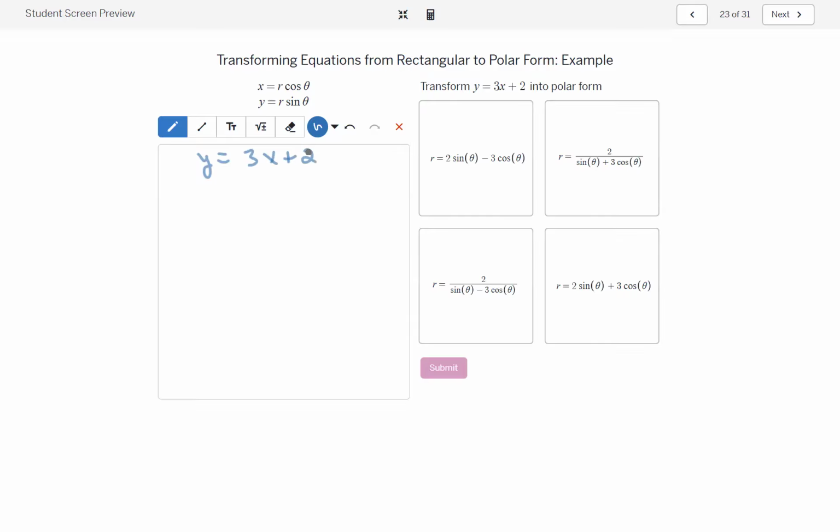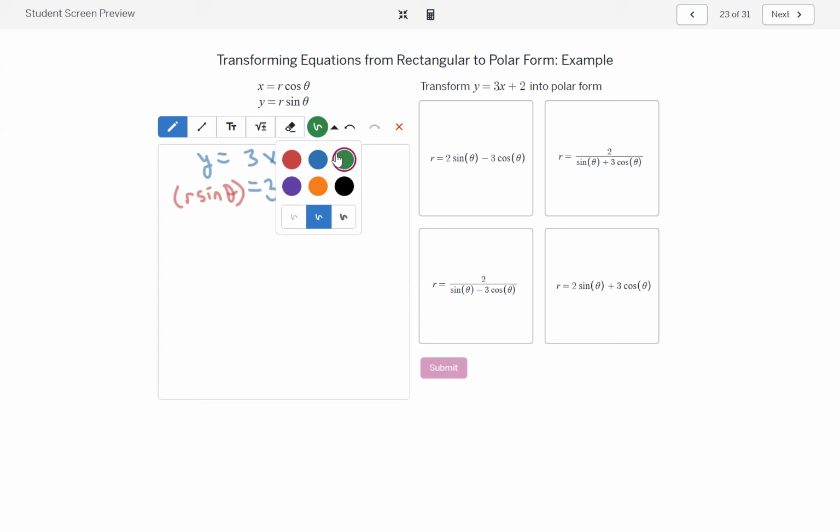Now, one of the nice things is if we're going to transform this into polar, when we start with xy, we can just make the straight substitutions for x and y. So in place of y, I'm going to write r sine theta.